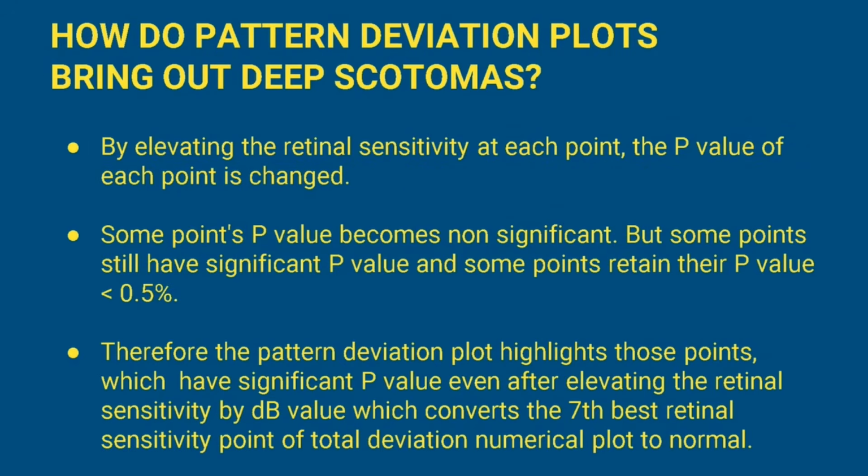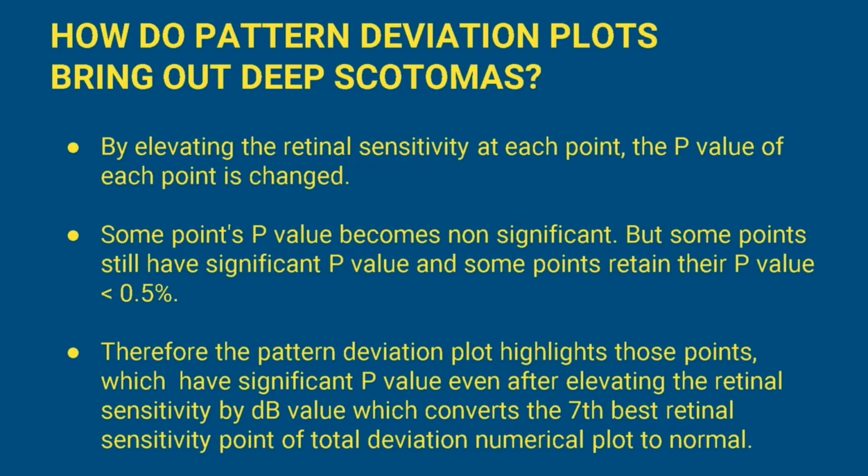So how do pattern deviation plots bring out deep scotomas? If you remember, in step 3 of conversion of total deviation numerical plot to the pattern deviation numerical plot, we add and elevate the retinal sensitivity at each point. In the process of doing so, the p-value at each point will change.